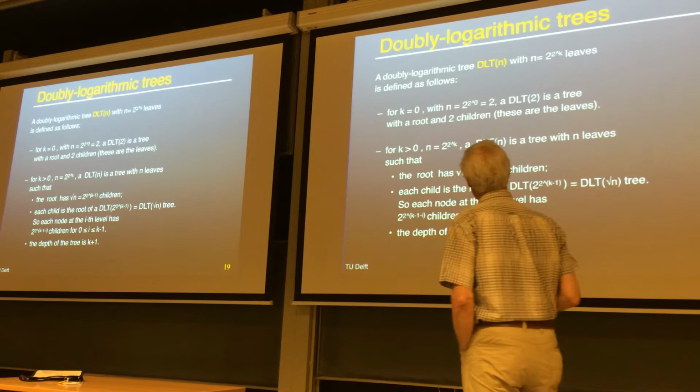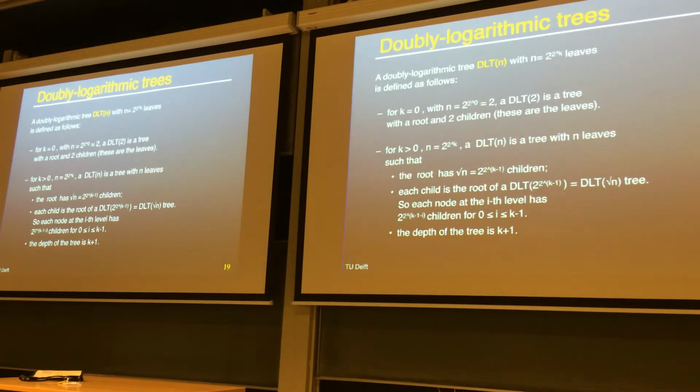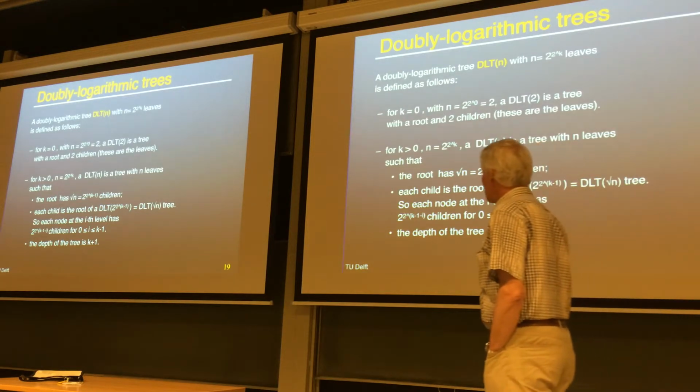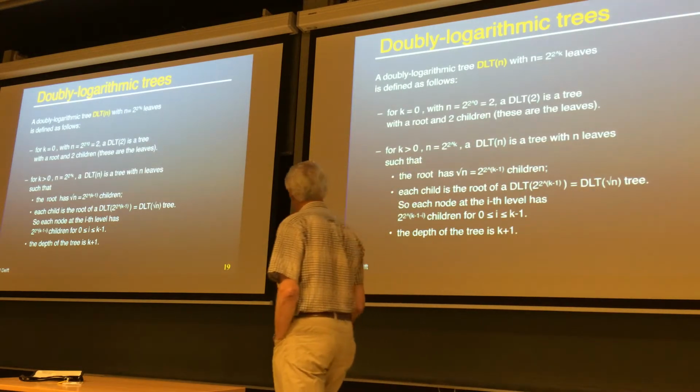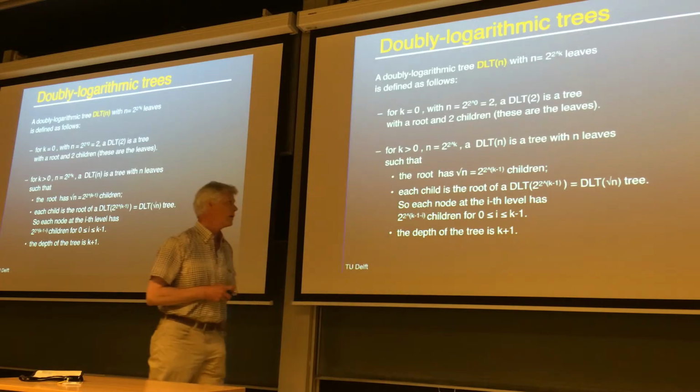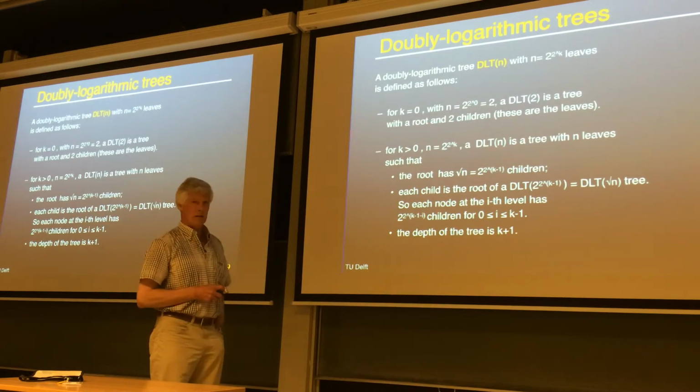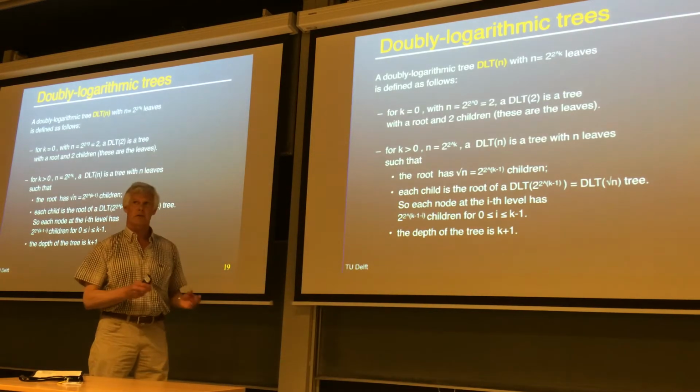Well, if k equals 0, so then you have n equals 2, then a DLT2 tree is a tree with a root and 2 children. So that's a very simple one. And these are the leaves, these 2 children. Once k is larger than 0, then a DLTn tree is formed as follows.